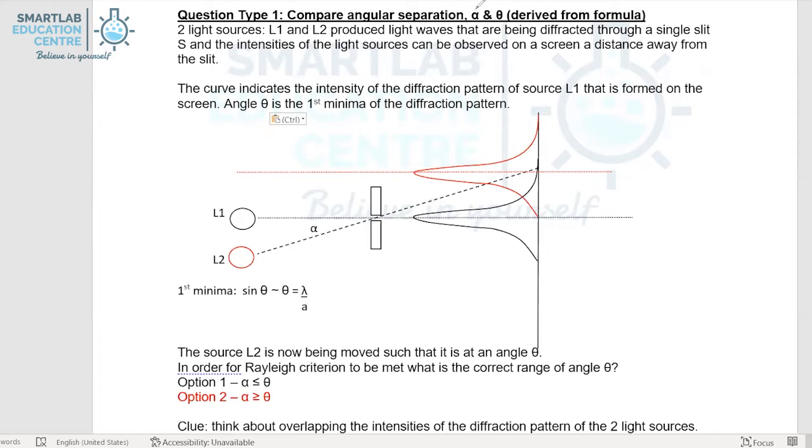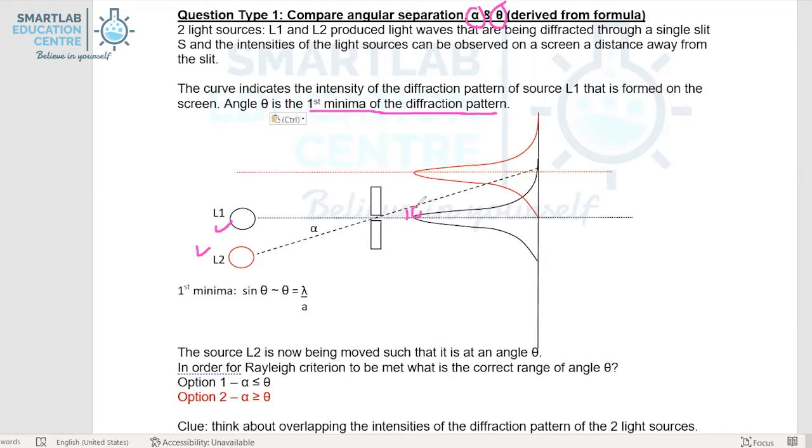In the first type of question, we typically compare the angle alpha, which is the angular separation between the two light sources, versus that of theta. Theta is calculated based on the Rayleigh criterion, or in other words, the angle of the first minima of the diffraction pattern of the single slit. Using the single slit diffraction formula, sine theta is approximated as theta because we assume theta to be small.